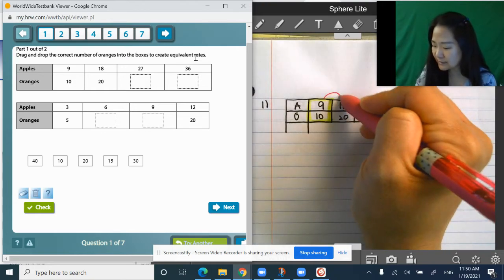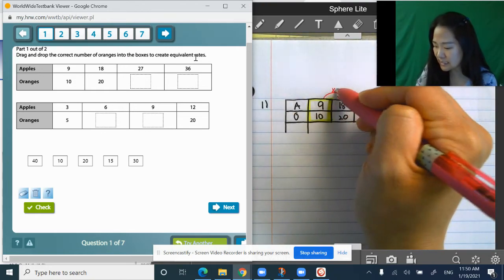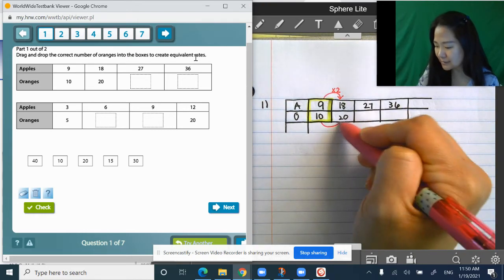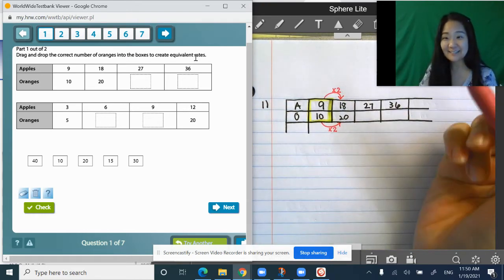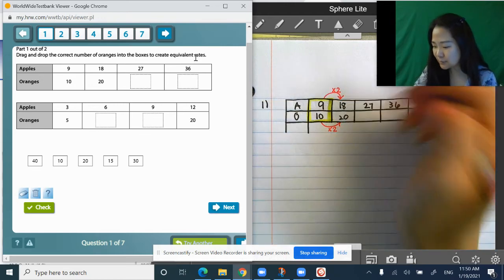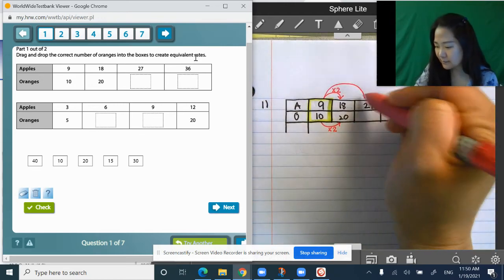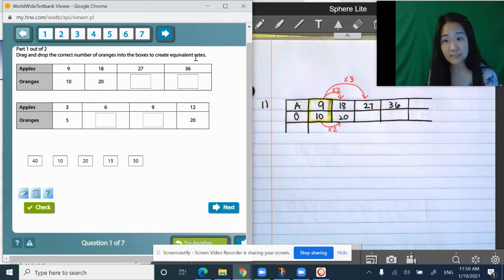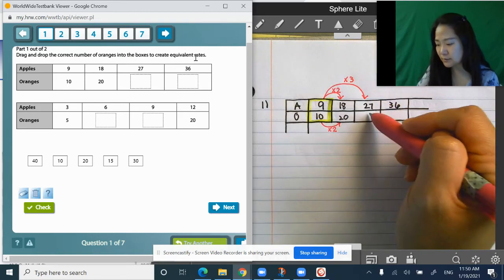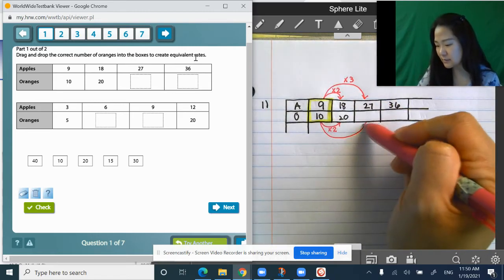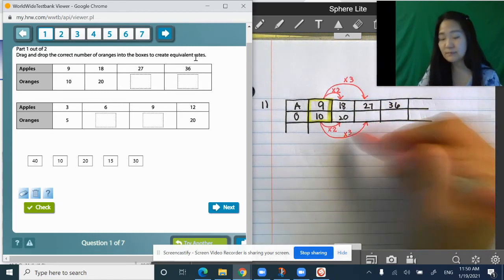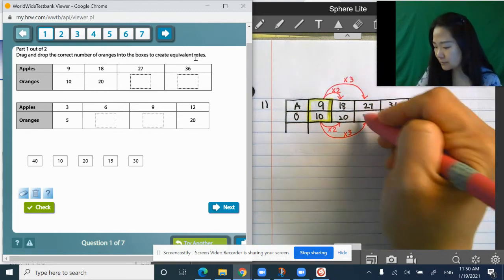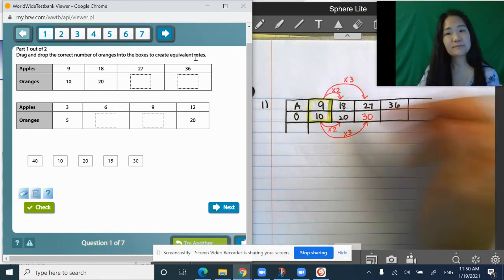So we know that 9 times 2 is 18 and 10 times 2 is 20. See how that works? What about the next one? 9 times 3 is 27. So to find the equivalent ratio for the number of oranges, I'm going to do the same thing. 10 times 3, and that would make it 30.